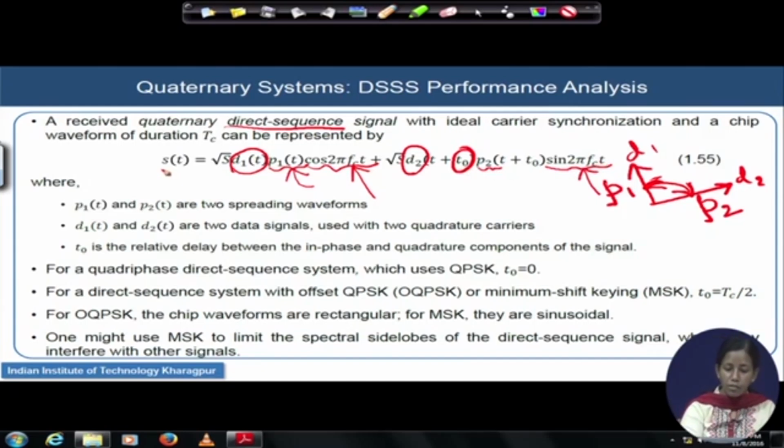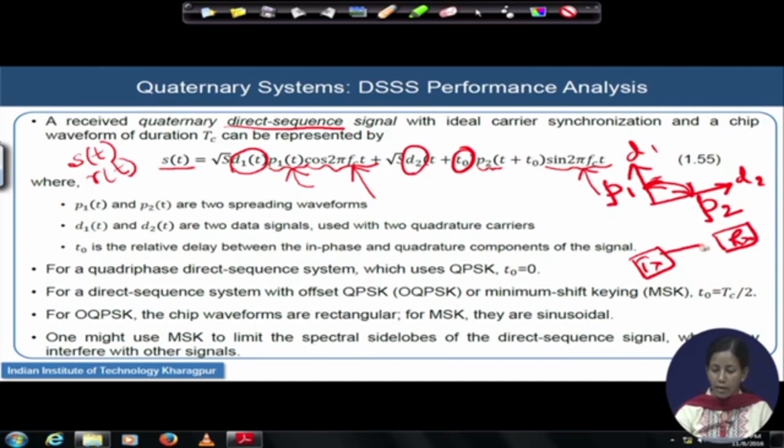Why am I saying that the received signal is S(t)? Because usually we denote the transmitted signal as S(t) and the received signal as R(t). In this situation, S(t) and R(t) are exactly the same, considering that you do not have any wireless channel. Suppose between the transmitter and the receiver you have an AWGN channel, an additive white Gaussian noise channel, which will add Gaussian noise but will not give any other effect of a wireless channel, like dispersion or a change in the phase or frequency of the signal.